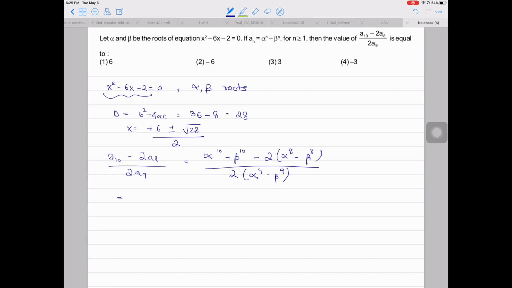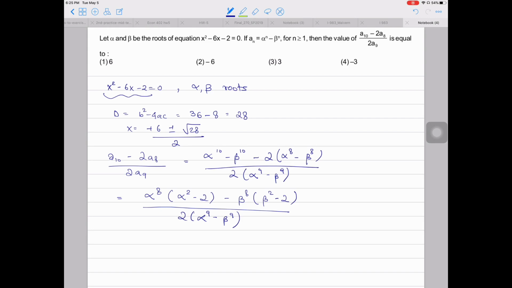If we factor out alpha to the 8 and beta to the 8, we get alpha to the 8 times (alpha squared minus 2) minus beta to the 8 times (beta squared minus 2), over 2 times alpha to the 9 minus beta to the 9.